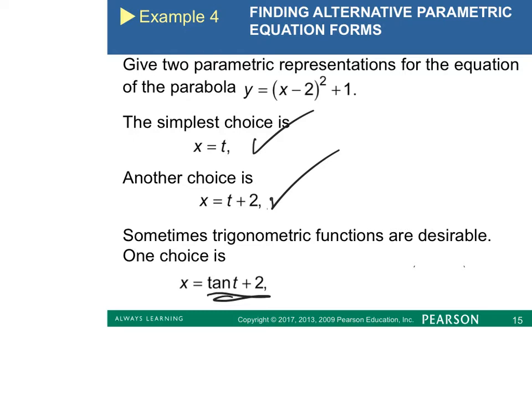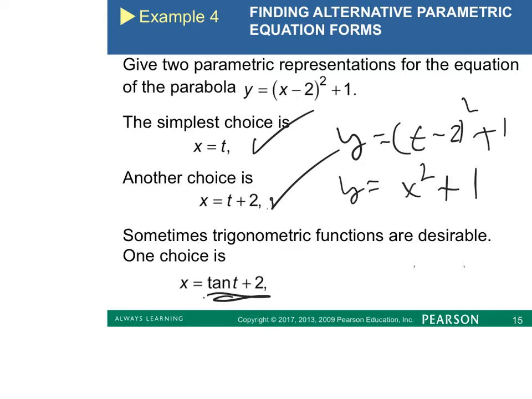If you choose to do x is t, you get the same answer: y equals (t minus 2) squared plus 1. If you say x equals t plus 2, you get y equals x squared plus 1. If you say tangent of t plus 2, that gives you y equals tangent squared, because plus 2 minus 2 cancel out, plus 1.